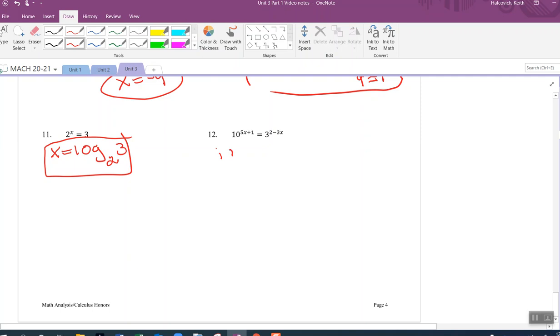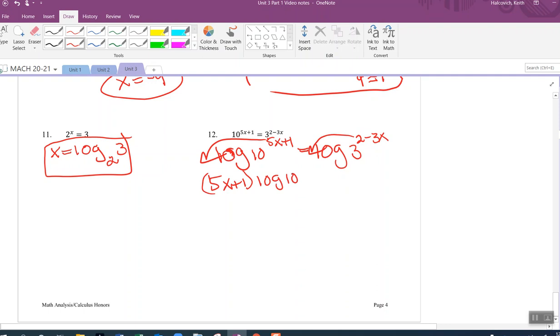For number 12, now it's not as simple because there's exponents on both sides, so we have to take the log of both sides. And then roll the exponents. So it's 5x plus 1 times log 10 equals 2 minus 3x times log 3. Log 10 is 1, so it's just 5x plus 1.